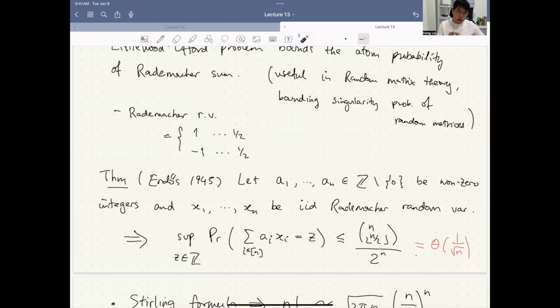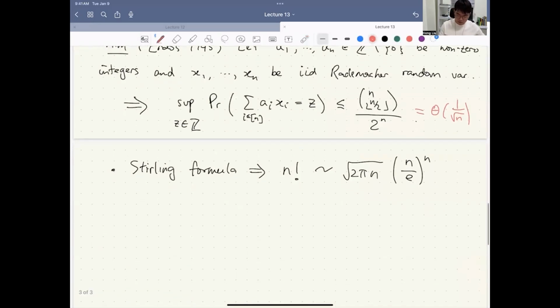Then we can link these random signs to a subset, so the idea is to link a random sum to a subset in n.